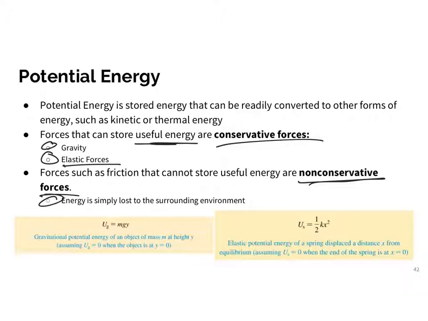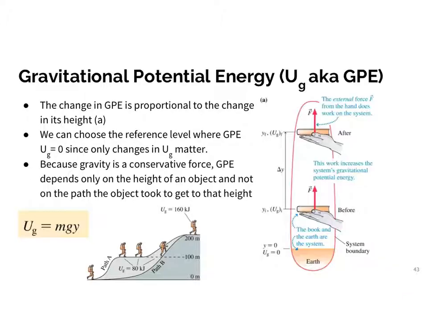But looking at our two different types of potential, we're going to look at gravitational potential, which is energy associated with having some height above the ground, and elastic potential energy, which is stored energy in a spring. So we have a formula for gravitational potential and a formula for elastic potential. For gravitational potential energy, if I think about lifting something up, I am overcoming the force of gravity.